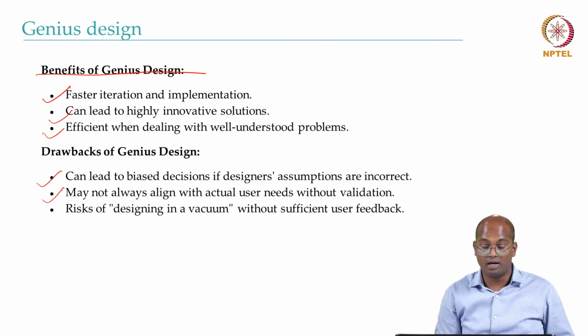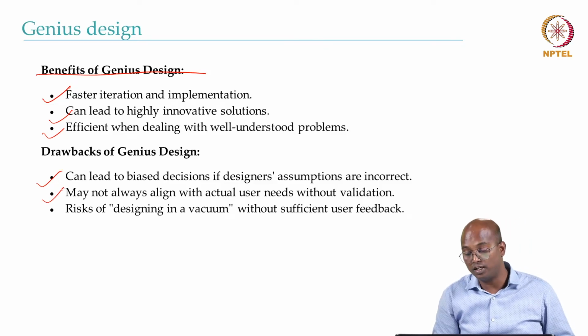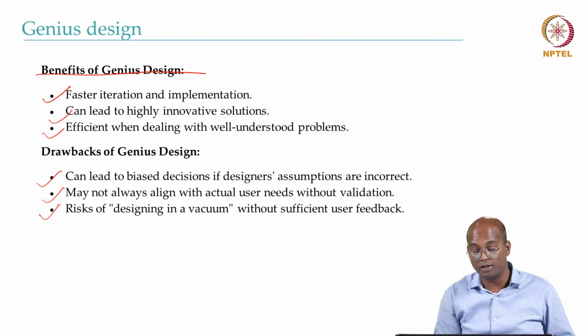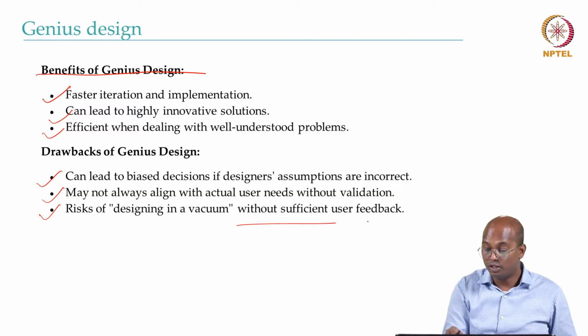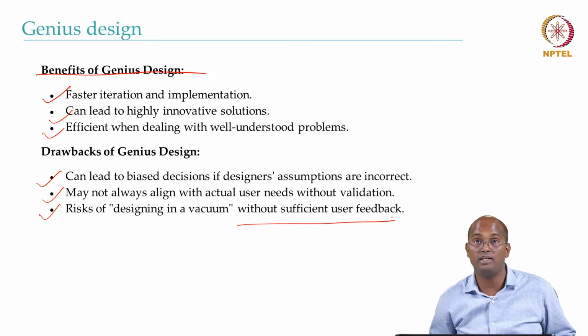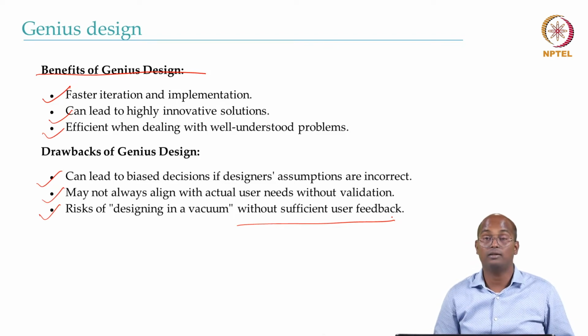It may not always align with actual user needs without validation. And there is the risk of designing in a vacuum without sufficient user feedback. And sometimes this could be very dangerous, and this may lead to product failure.